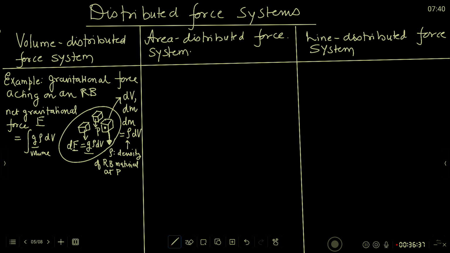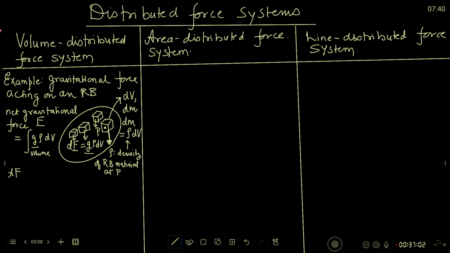You go to any location and there you visualize a small mass, and you will have these small arrows you can put as representing this volume distributed force.